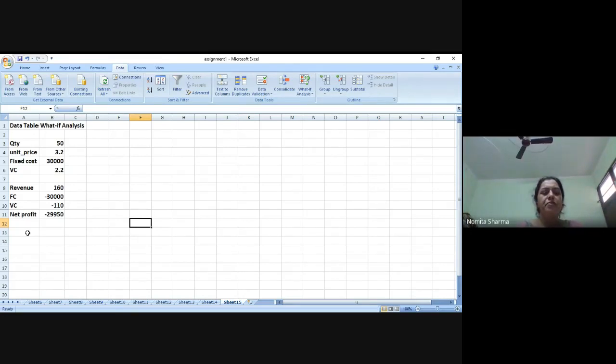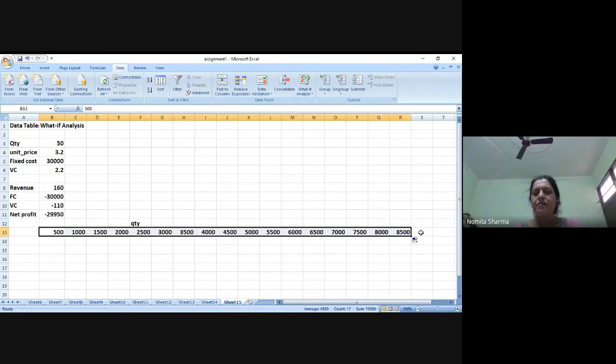Horizontally, I take the quantity, and earlier it was 50, which is very, very less. So I start with 500, 1000, and I will drag this across to a certain number. Let's take it as 8500. And vertically, I will take the unit price.